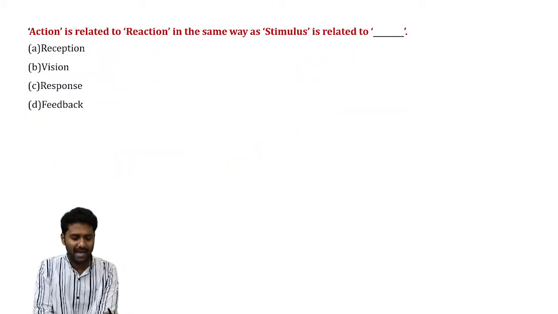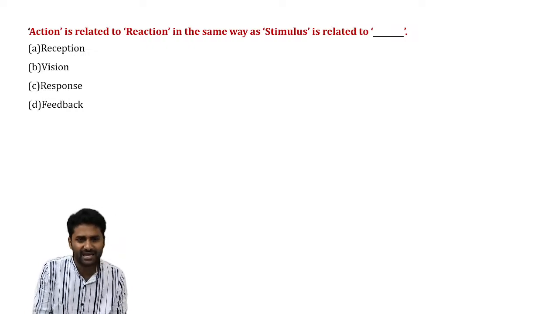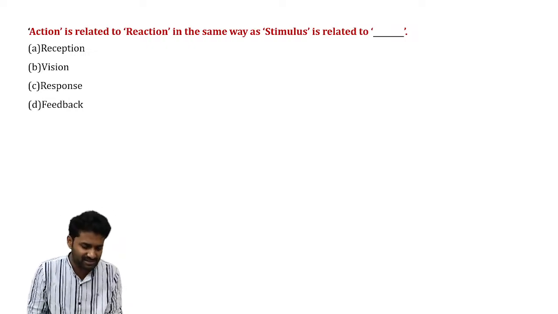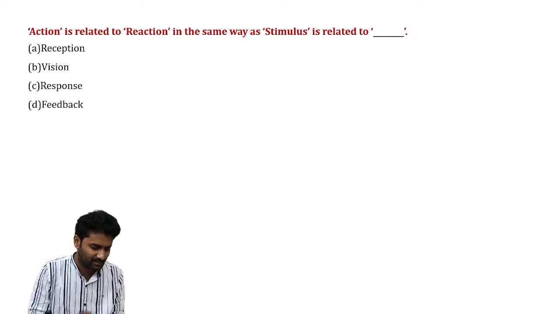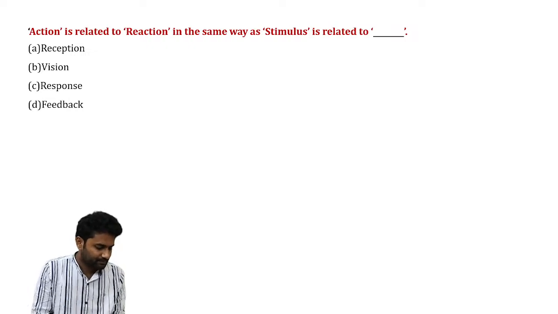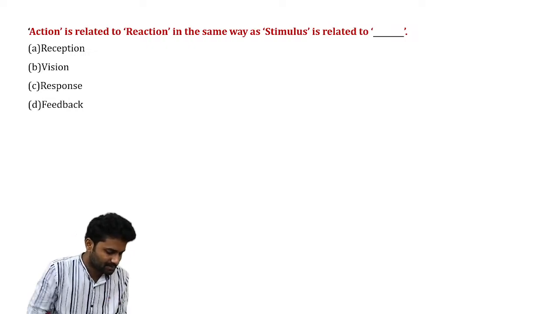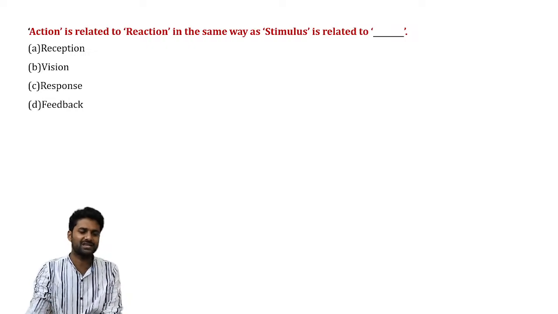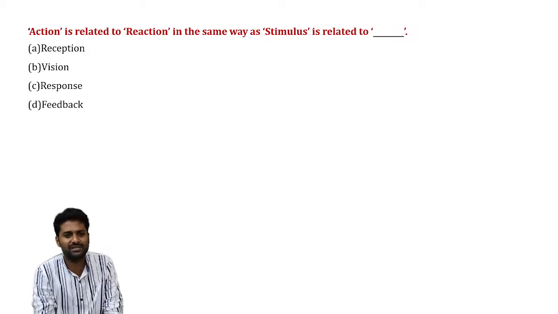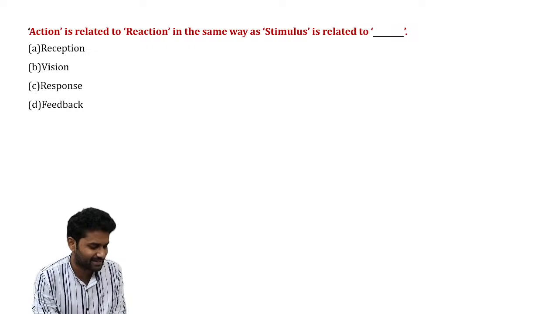Next. Action is related to the reaction, in the same way stimulus is related to. Try to answer this question. Action is related to the reaction, in the same way stimulus is related to.